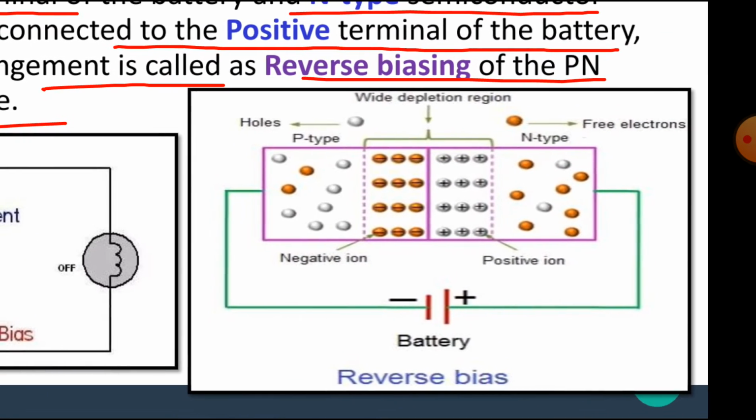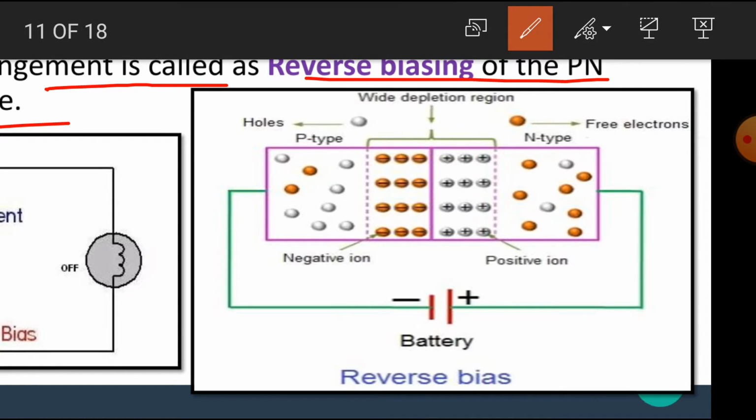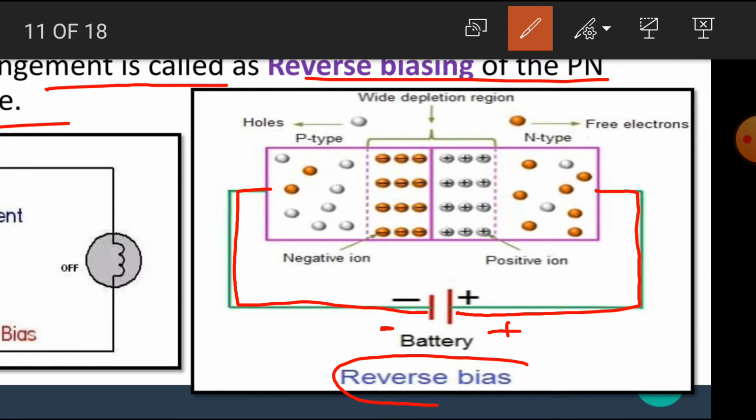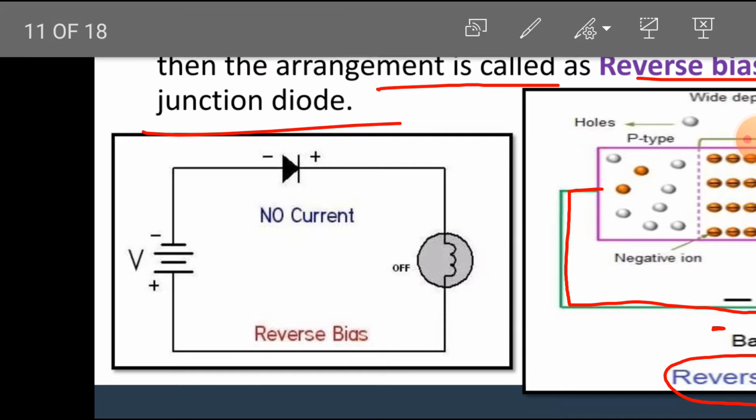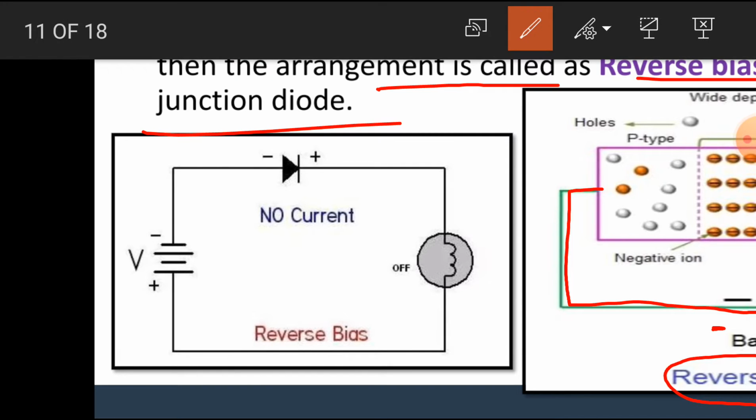Let's see this description on the diagram. Here the n-type terminal is connected with the positive terminal of the battery and the p-type terminal is connected to the negative terminal of the battery. This connection is called the p-n junction diode in reverse bias mode. Or we can see this on a circuit diagram.